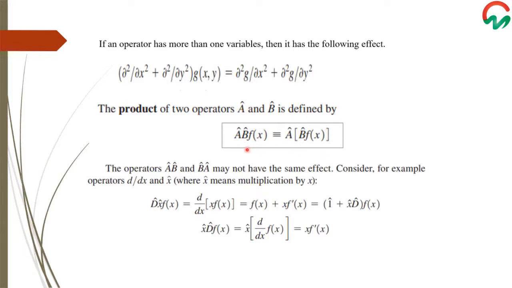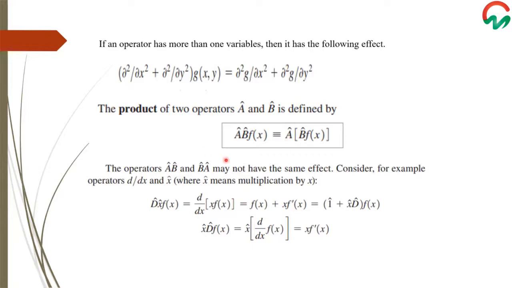You can see from this equation that we first operate with the operator on the right hand side of the operator product, and then this resulting function is operated on by the operator on the left hand side of the operator product.